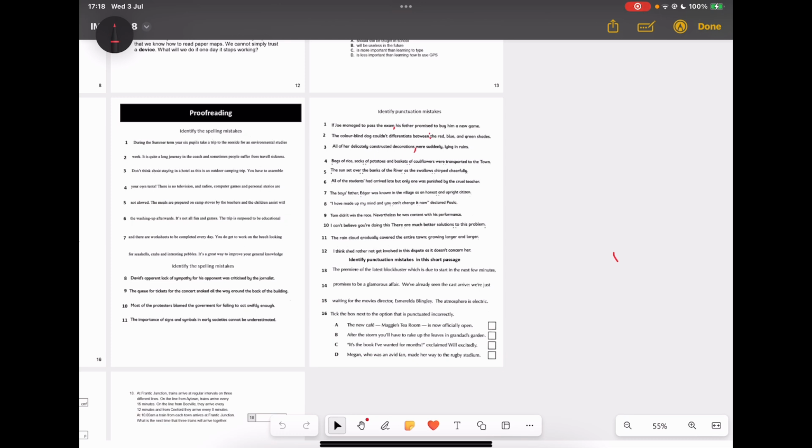4. Bags of rice, sacks of potatoes, and baskets of cauliflowers were transported to the town. Okay, well, town should have a lowercase t, but this is punctuation.